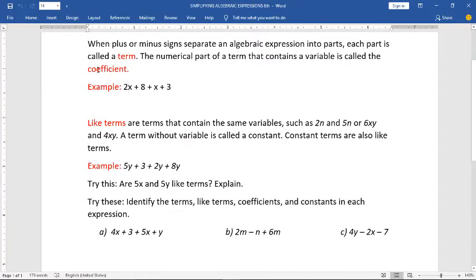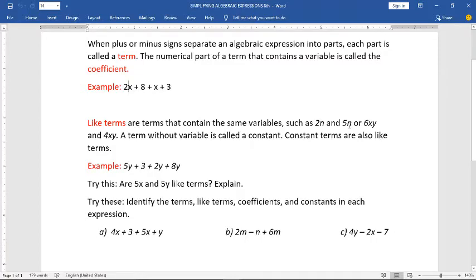This is the second new vocabulary. And the third one is like terms. What are they? Like terms are terms that contain the same variables. For instance, 2n and 5n are like terms.